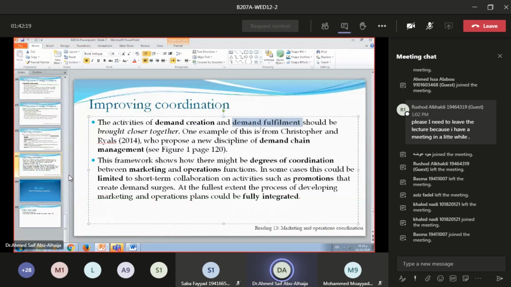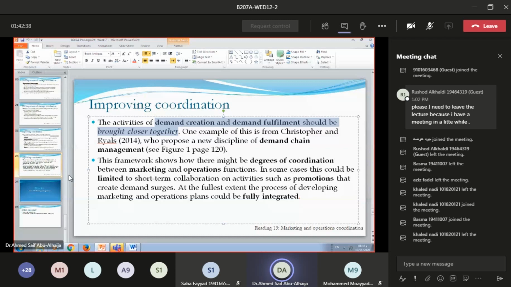That you promise. So demand should be completed. The activities of demand creation and demand fulfillment should be brought closer together. If you think about how to have the demand and how to fulfill the demand effectively and efficiently, generally you will have good success.